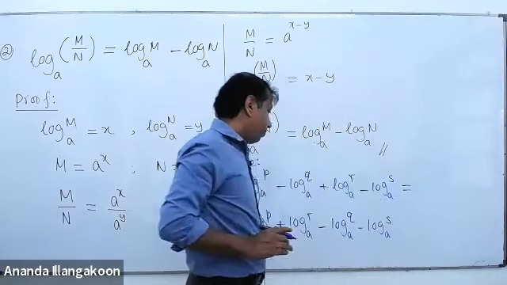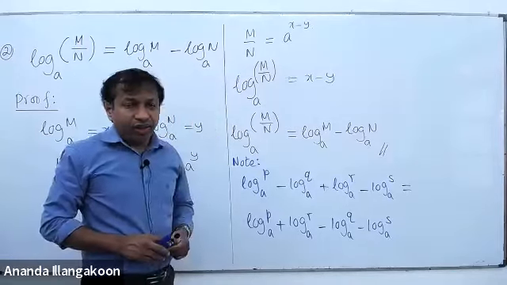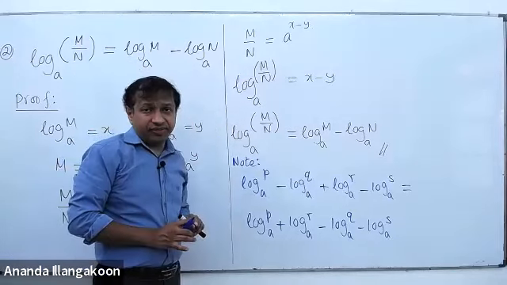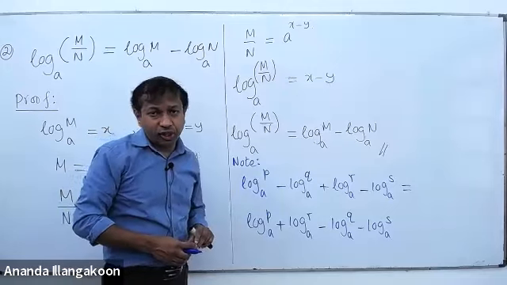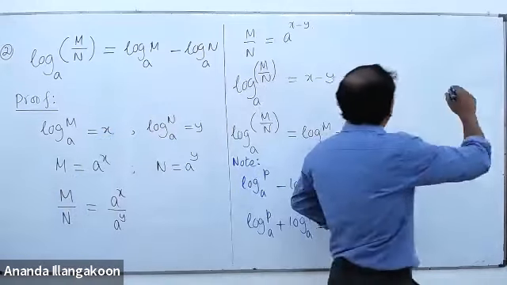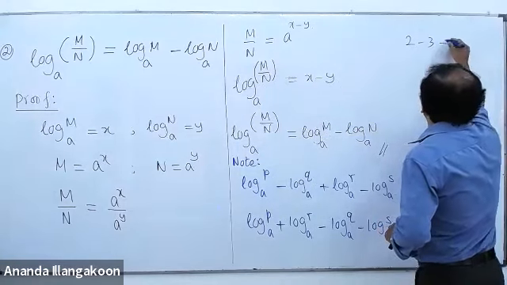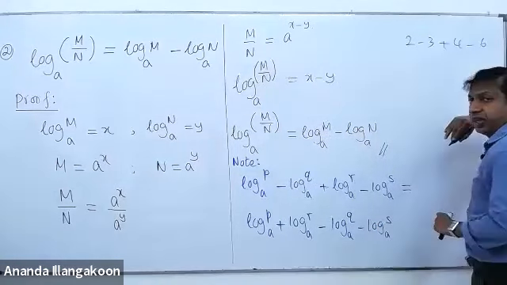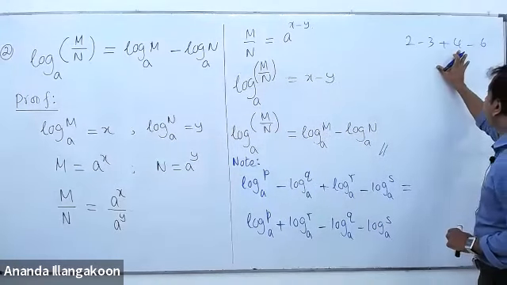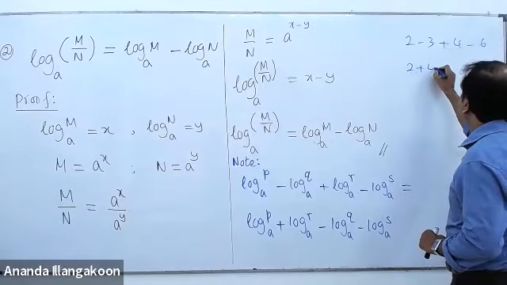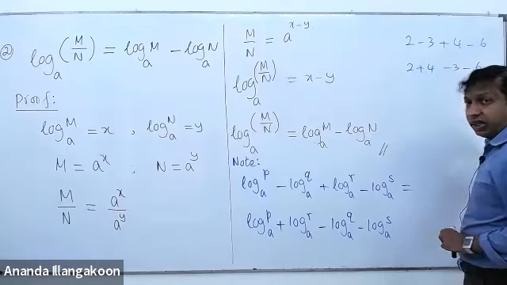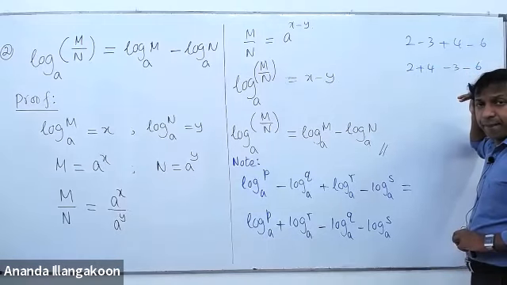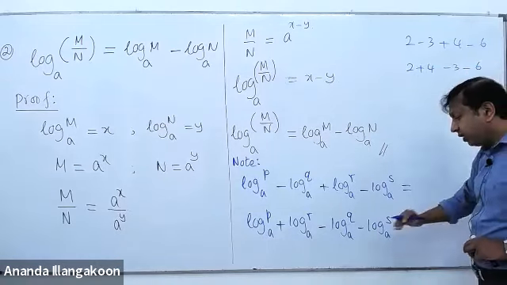Okay, people, I didn't change anything there. I wrote the positive log terms together and the negative log terms separately together. That is to say, this expression you can write with the positive terms 2 and 4 first like this, and minus 3 and minus 6 second like this. The same thing I did here.